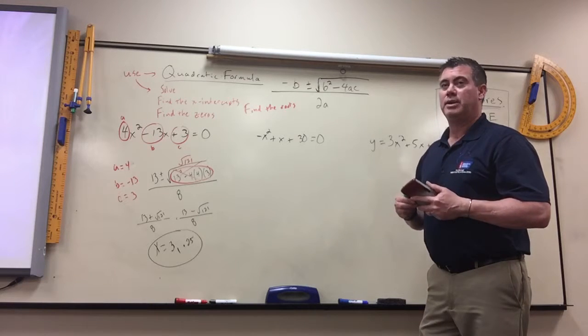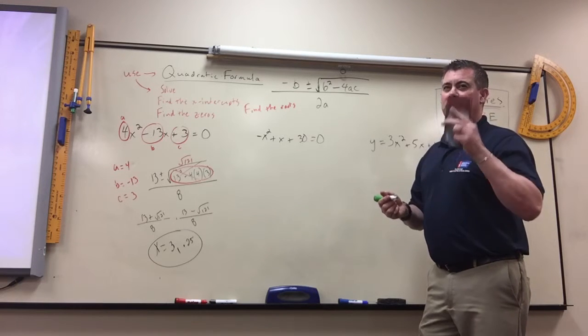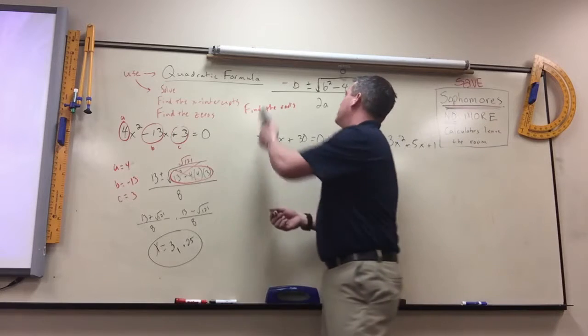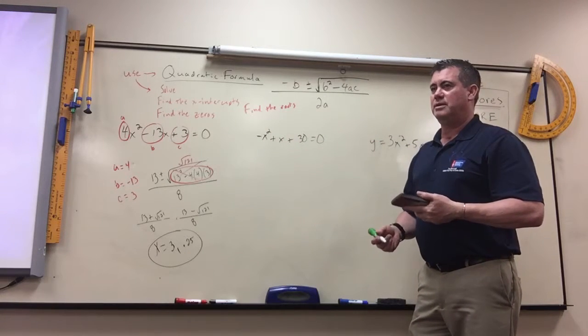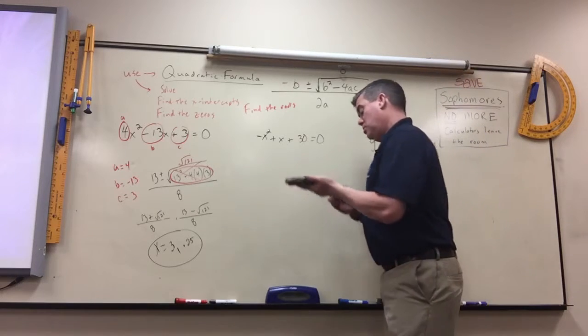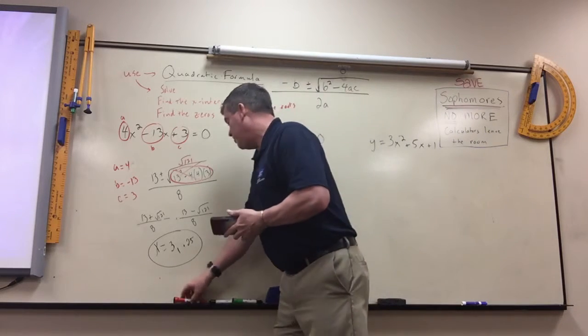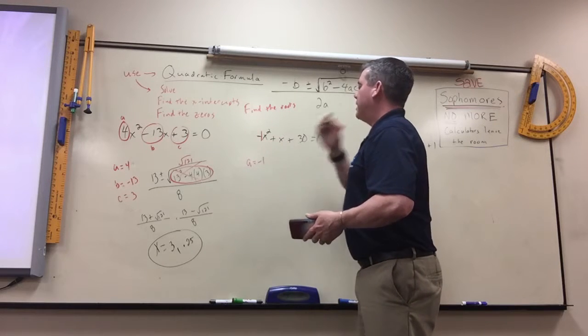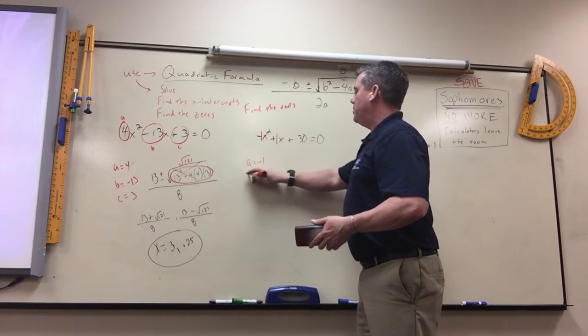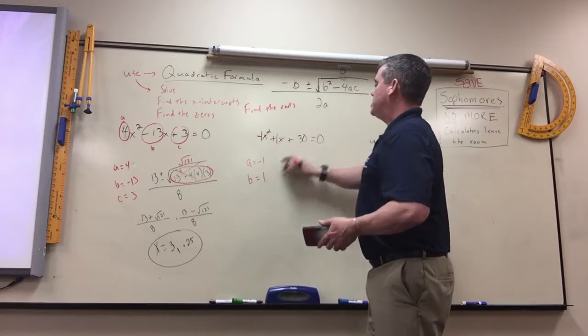Okay. So again, they're not real hard. You just plug a, b, and c into the formula, and then put those two into the calculator. So in this one, a would be -1, b would be 1, c is 30.